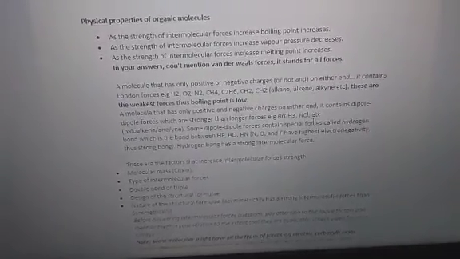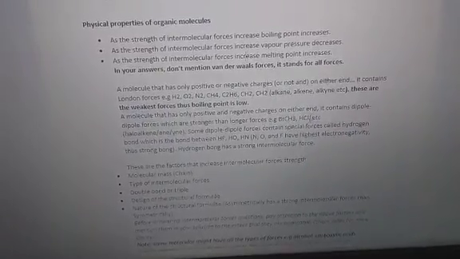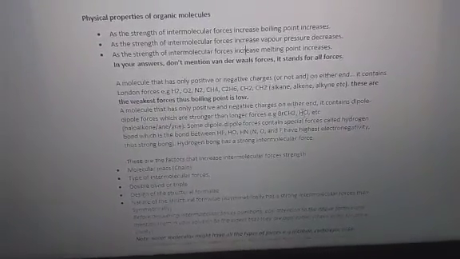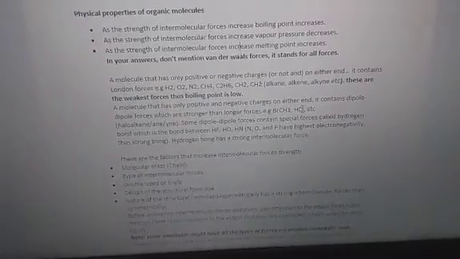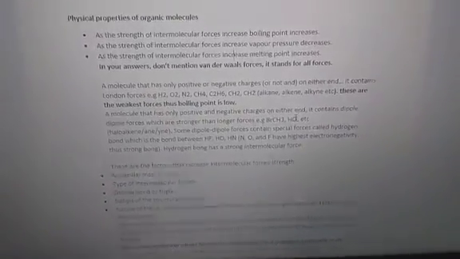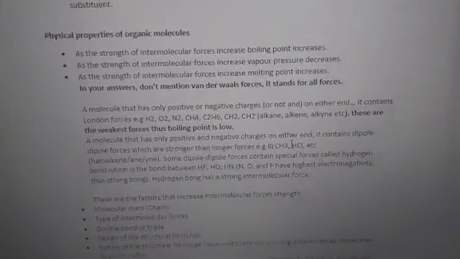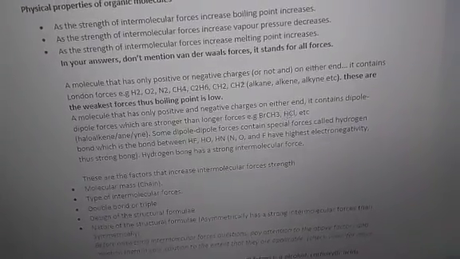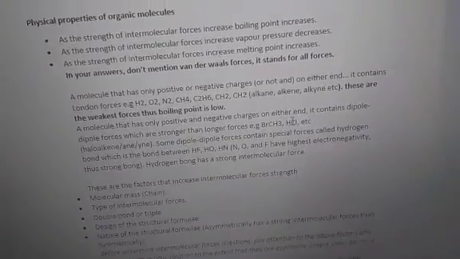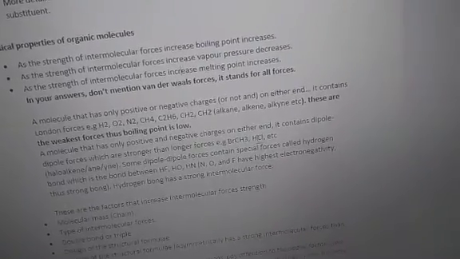An example would be hydrogen chloride. We know that chlorine has a negative end and hydrogen has a positive end, meaning we have on that molecule both a negative and a positive end, hence it's much stronger than London forces.